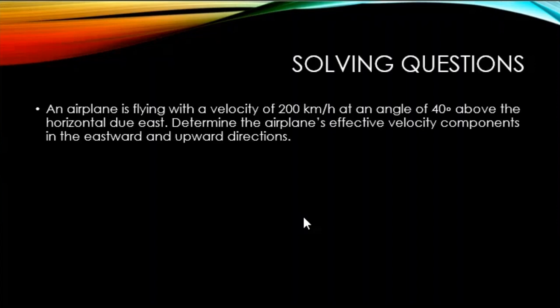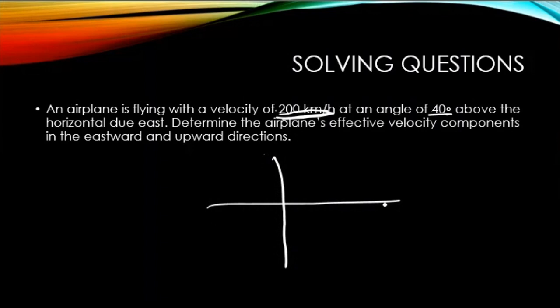So in solving this kind of question, they said an airplane is moving at a velocity of 200 kilometers per hour, and it's 40 degrees above the horizontal due east. In this case, we are using cardinal points, so it's best for us to represent it with cardinal points.